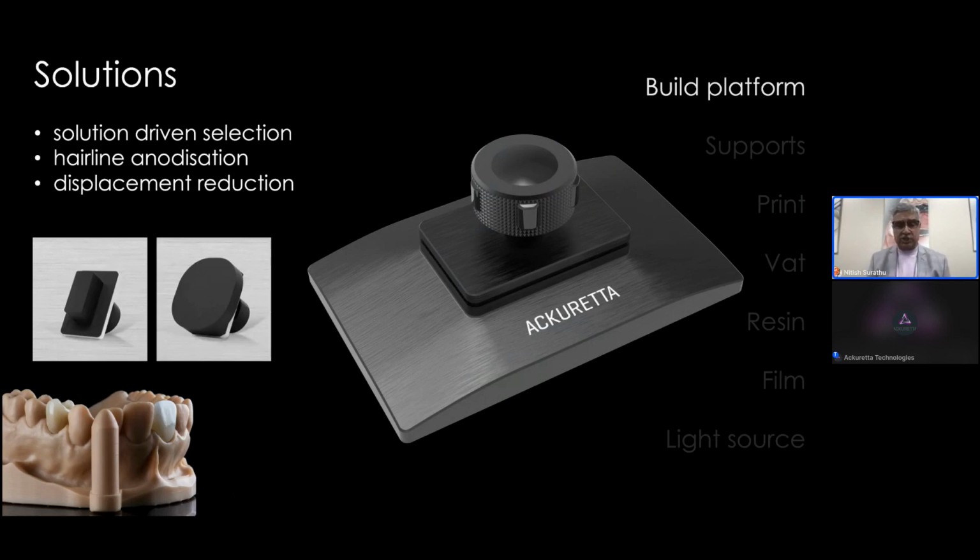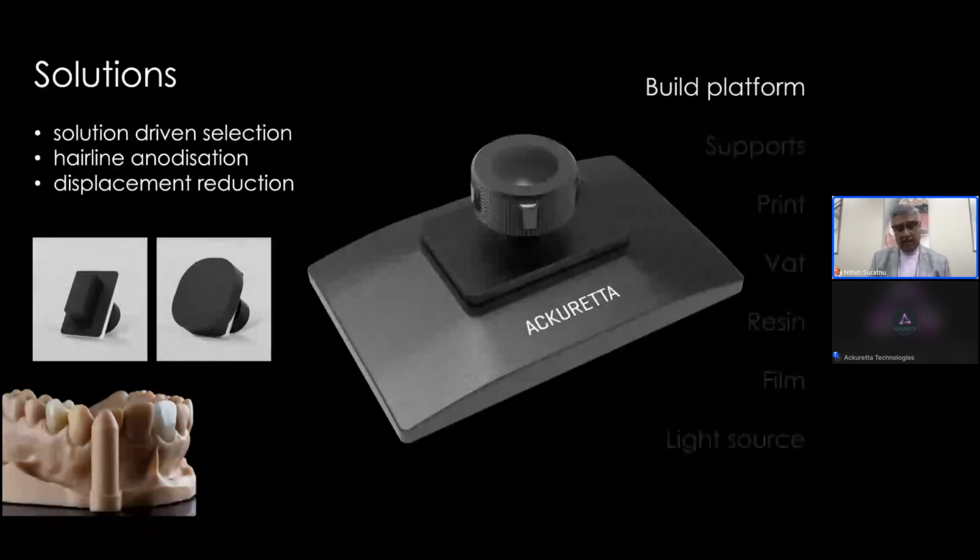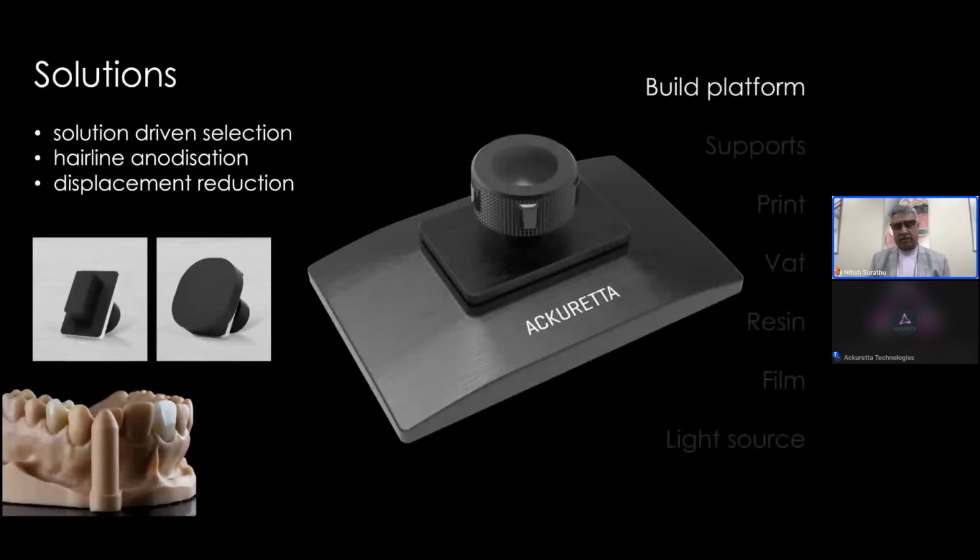The anodization therefore prevents the metal from leaching into a ceramic filled resin and causing discoloration. The hairline nature of the platform, however, is a physical characteristic, and it's got nothing to do with the anodization, as I said. The hairline nature of the platform actually ensures that the platform is sufficiently micro rough in order for prints and layers of prints to adhere to it. So this is taken care of very nicely with Ackuretta platforms.